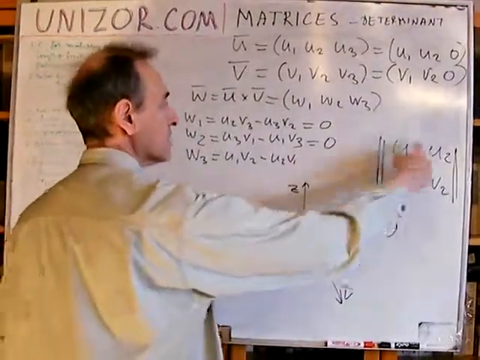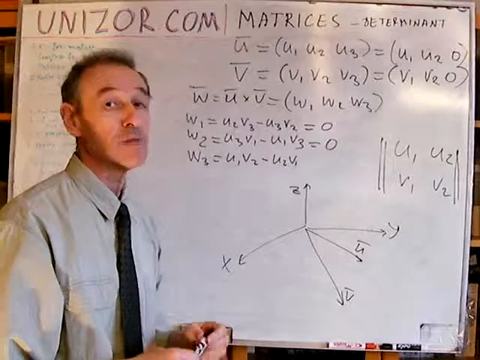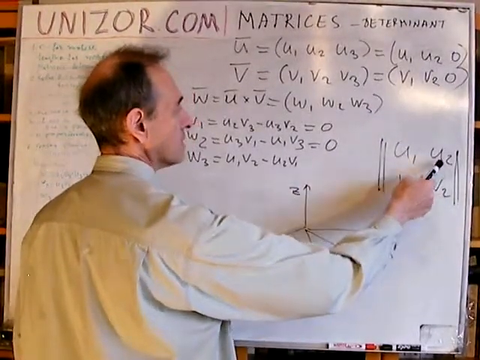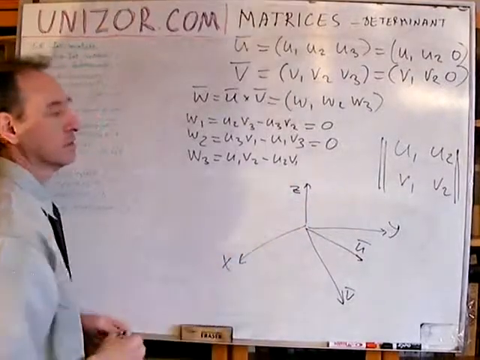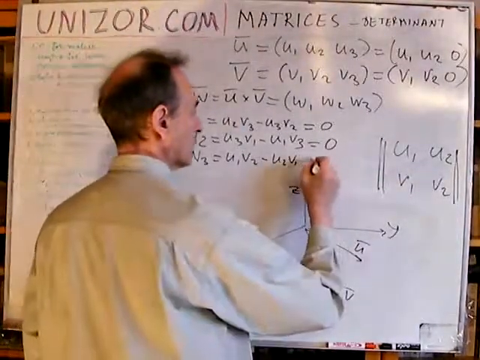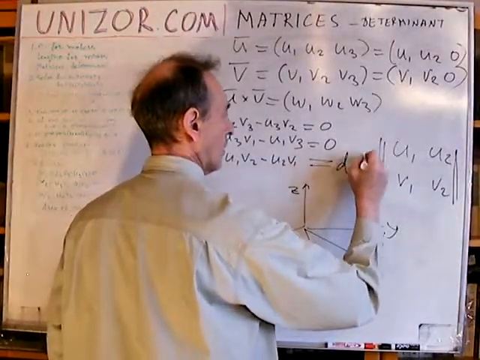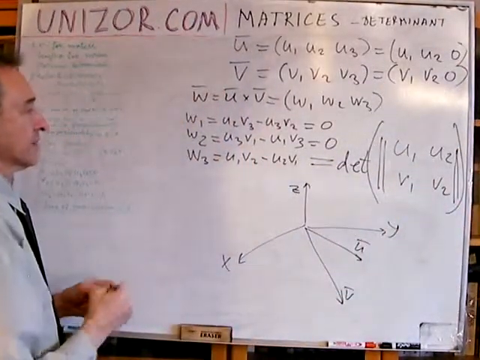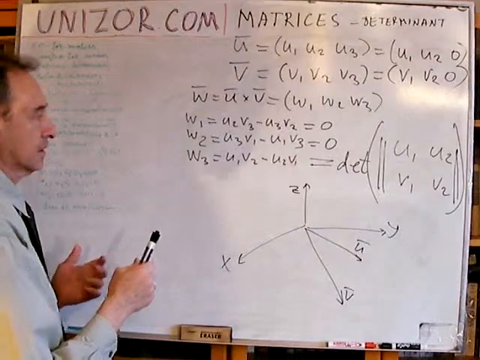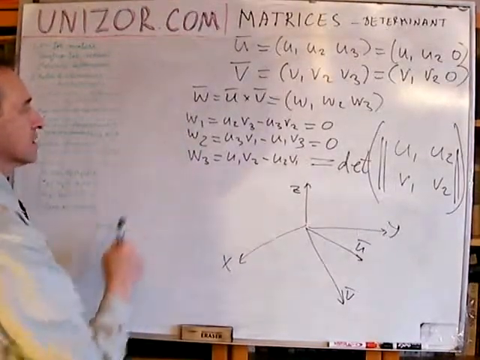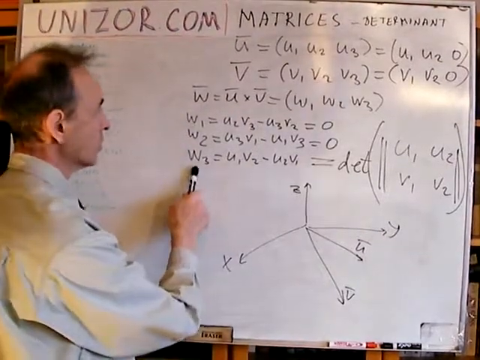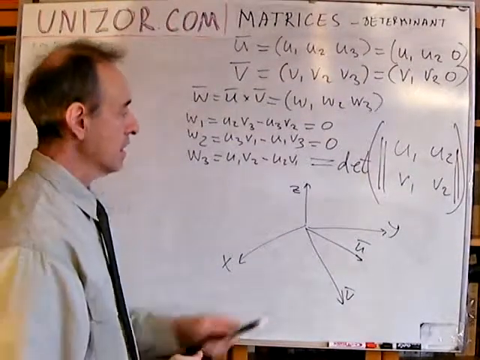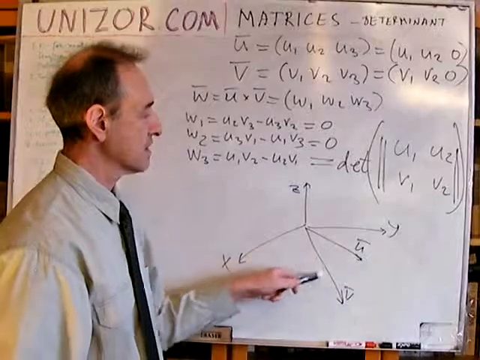If I put it in this matrix, what would be the determinant of this matrix? Well, u1 times v2 minus u2 times v1, which is this one. Isn't that interesting? So the vector product has two coordinates equal to 0. The z-coordinate is equal to the determinant of the matrix which consists of these coefficients.